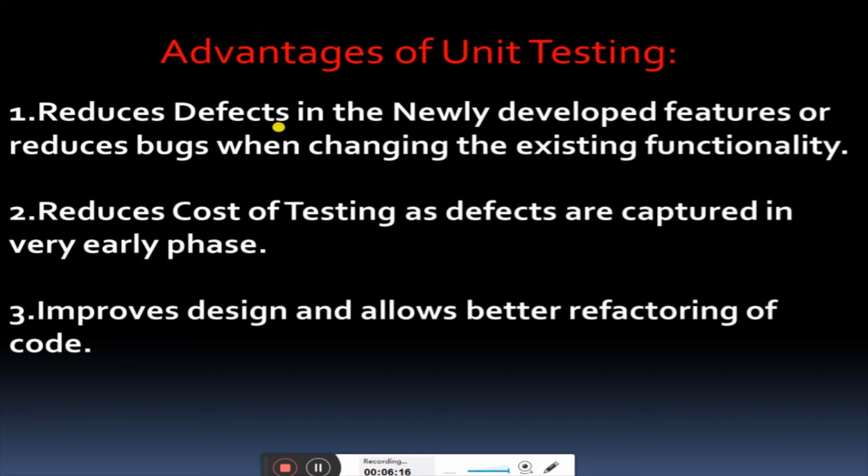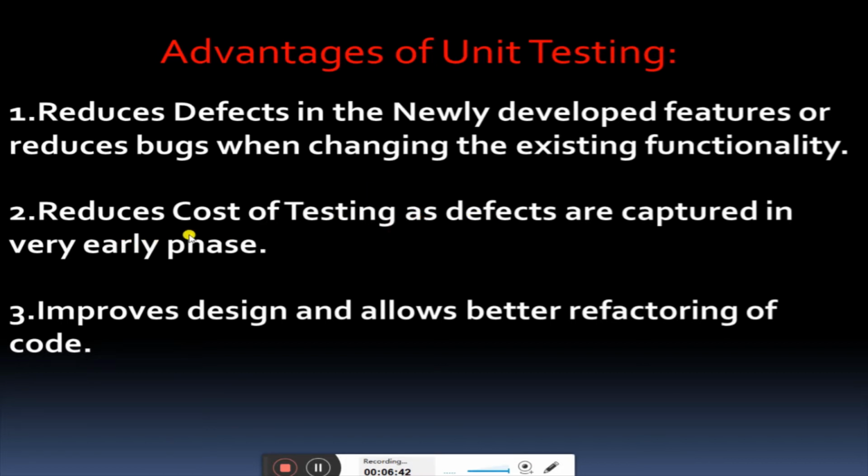That's why the defects are reduced. In the newly developed feature, it reduces bugs when changing the existing functionality. Okay. The main thing you have to remember: what is the advantage of unit testing? It reduces defects.